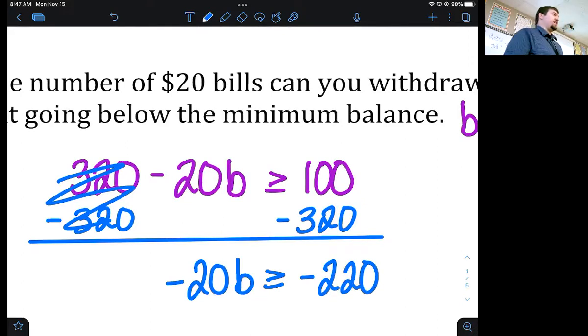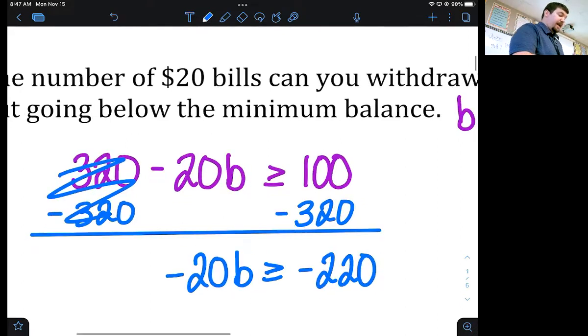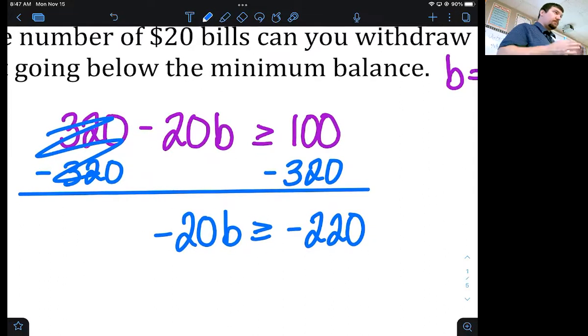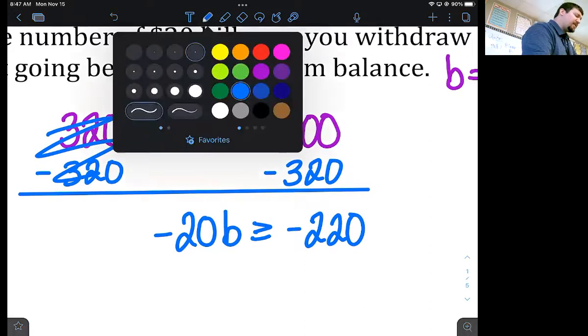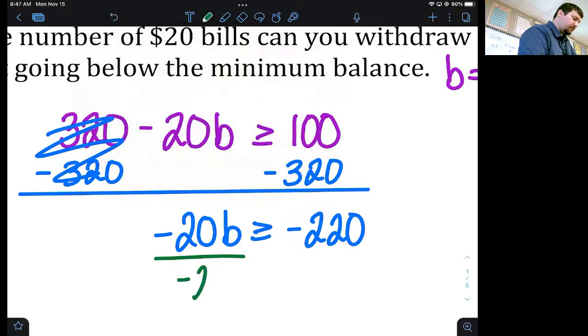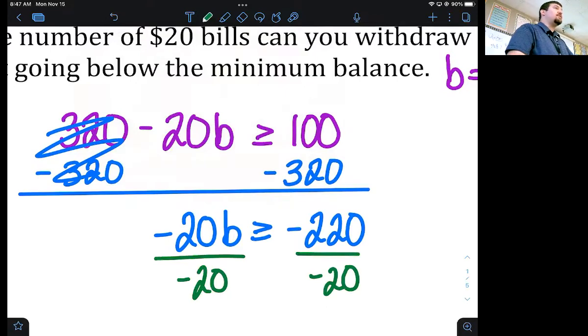It's got to be negative because you're taking away more than what you have. Now, I don't want a negative number of bills. So fortunately, our next step, which is to divide by negative 20, is going to cancel out the other negative because 2 negatives make a positive. What else happens when you divide by negative 20? You have to flip the sign.